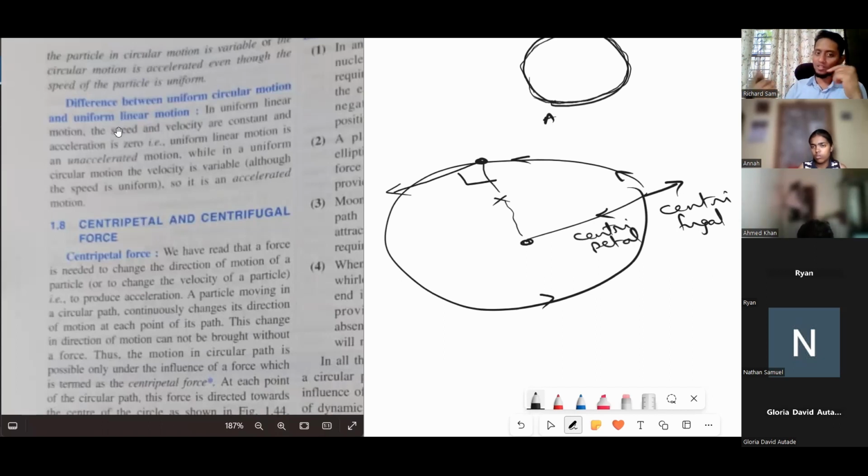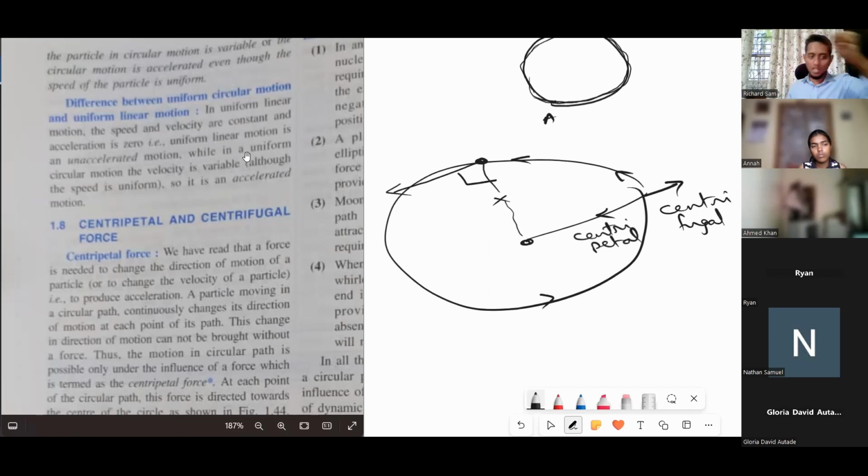Only if you're moving not in a straight line, then speed and velocity are different. So I'll just read this last statement. In uniform linear motion, that means in a straight line, the speed and velocity are constant and acceleration is zero. Acceleration is zero means there is no increase or decrease in speed. That is, uniform linear motion is an unaccelerated motion.